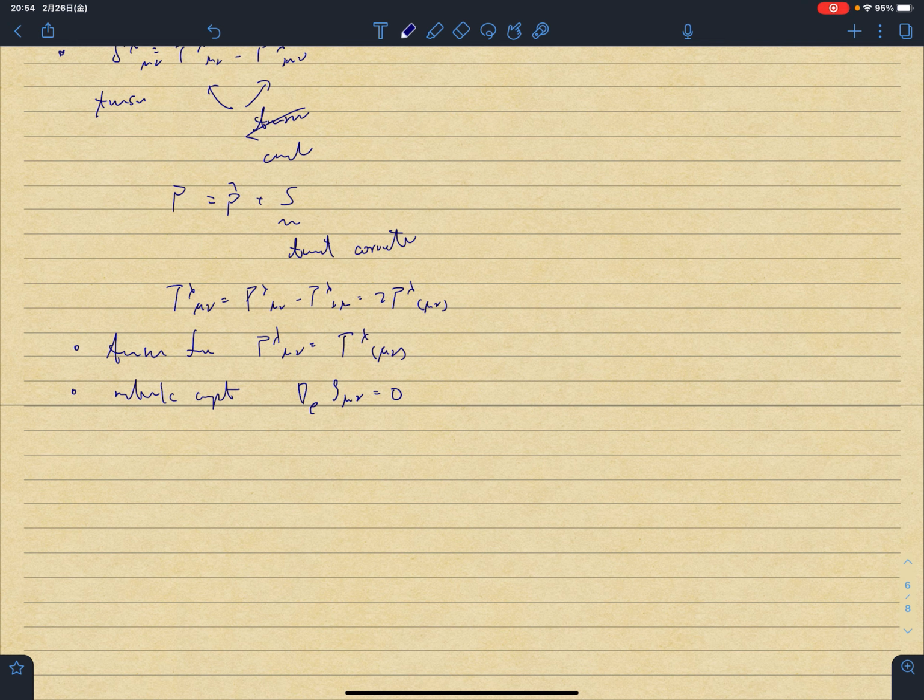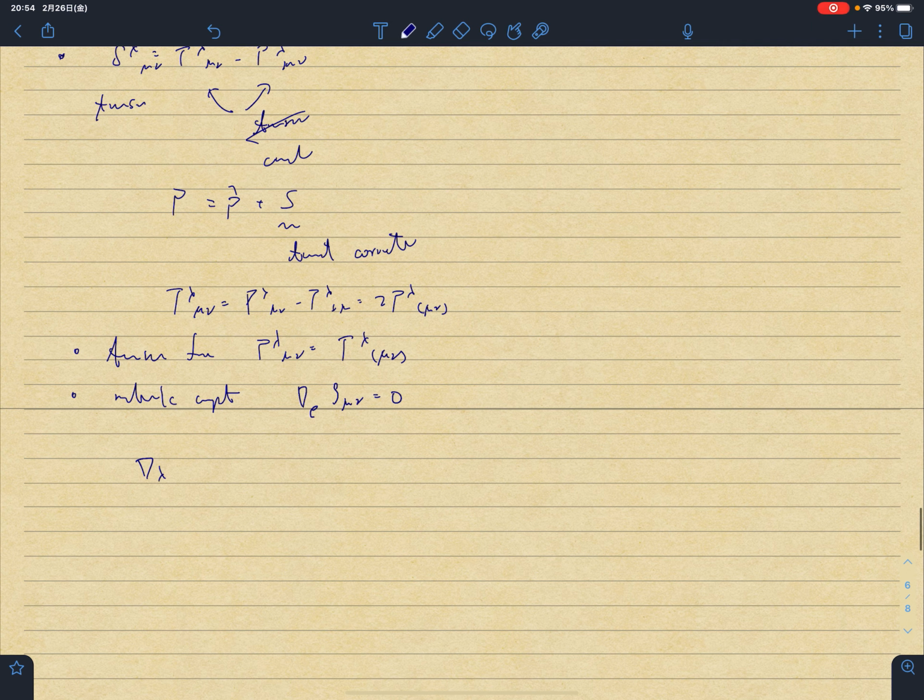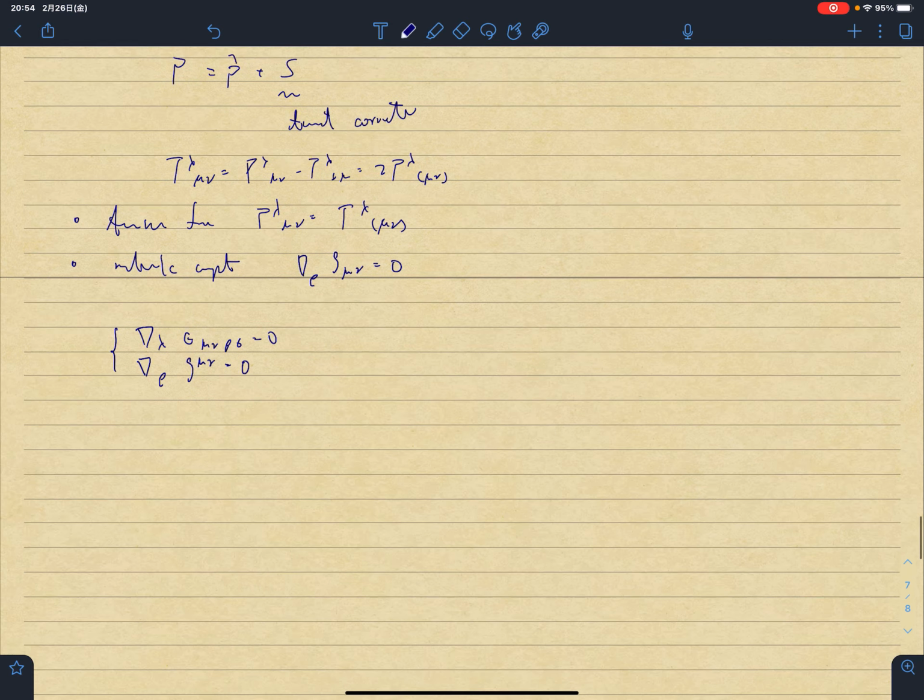First, it's easy to show that the inverse metric also has zero covariant derivative. Second, metric compatible covariant derivatives commute with raising and lowering of indices.